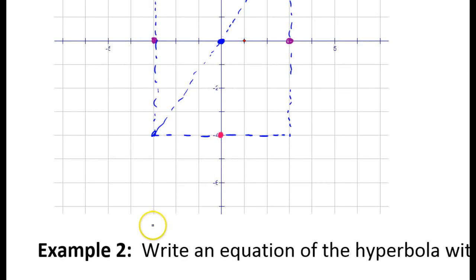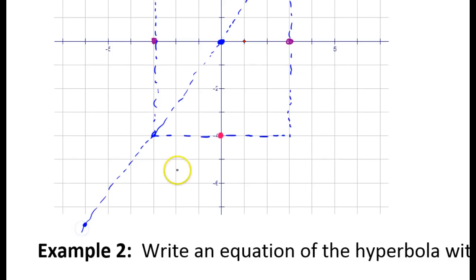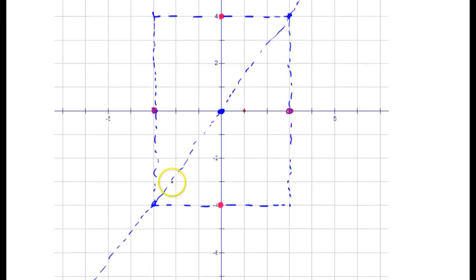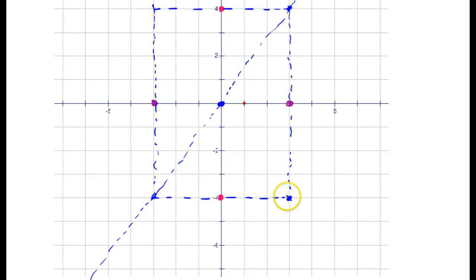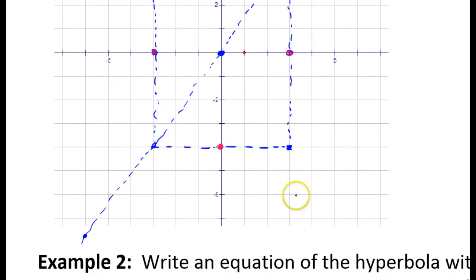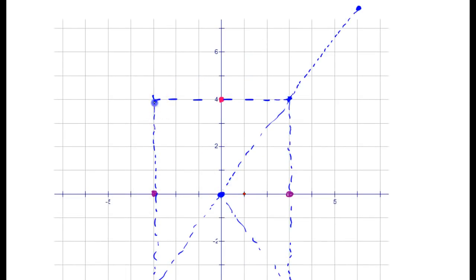So that would be like here. Okay, so that is one of my asymptotes, and I will do the same thing right here. All right.